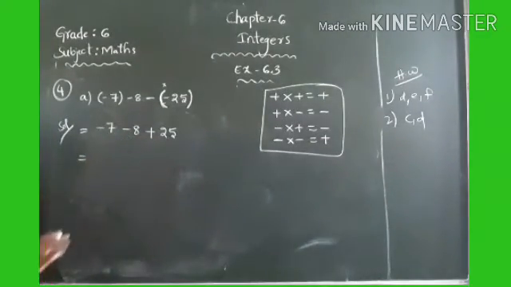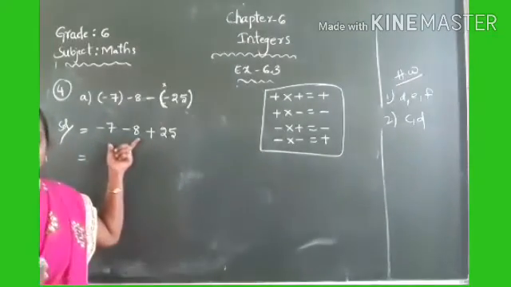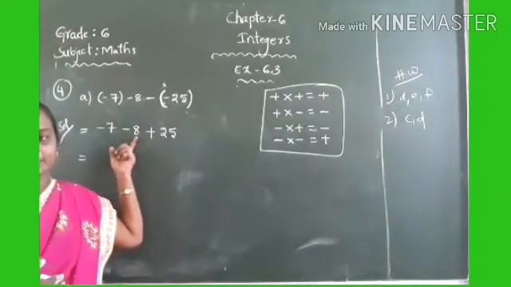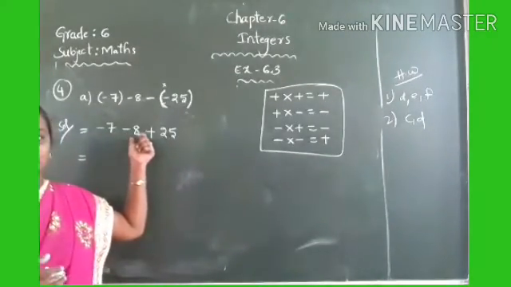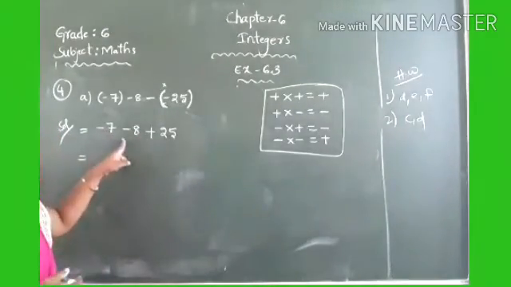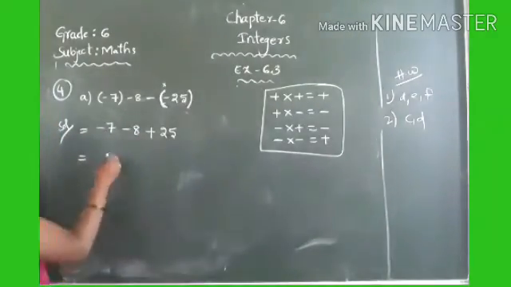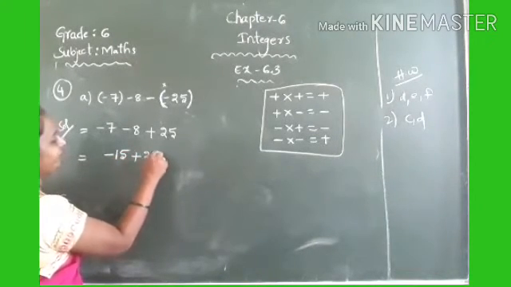So here you have to take together the same sign. Same sign means here minus 7 and minus 8, both are negatives. So you have to add these two. Minus 7 and minus 8 gives minus 15 plus 25.